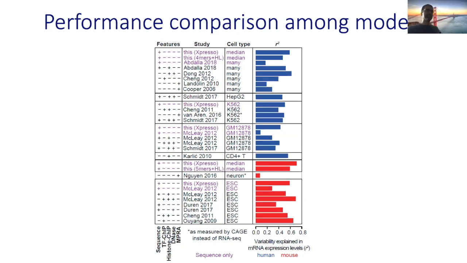But in addition, if we look at these techniques that use, in some cases, hundreds or thousands of different biochemical data sets to attempt this problem of gene expression prediction, we can see that in most cases, my algorithm does better than some of these techniques. And in other cases, it does similarly to techniques that use a vast number of experimental inputs to this prediction problem.